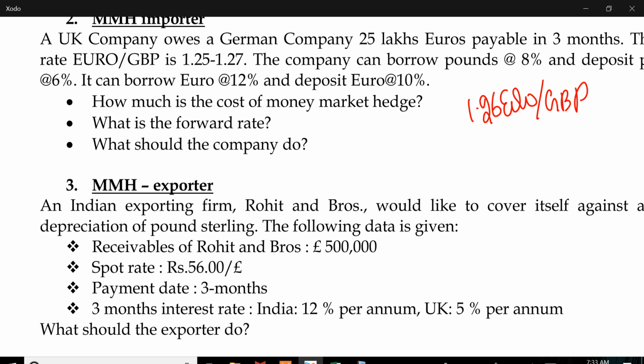Alternatively, if the view is that it is going to be less, then it should take a MMH. You can write it. Alternatively, if you believe that it's going to be less, go ahead and take a MMH.